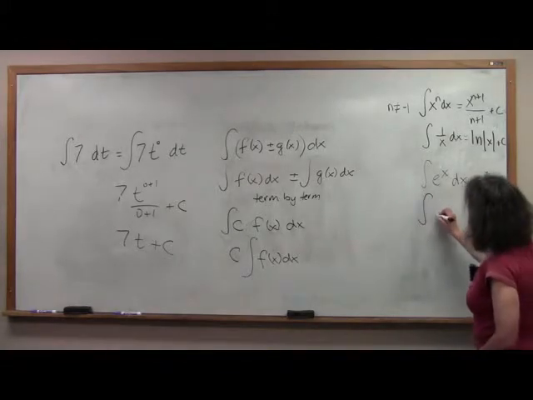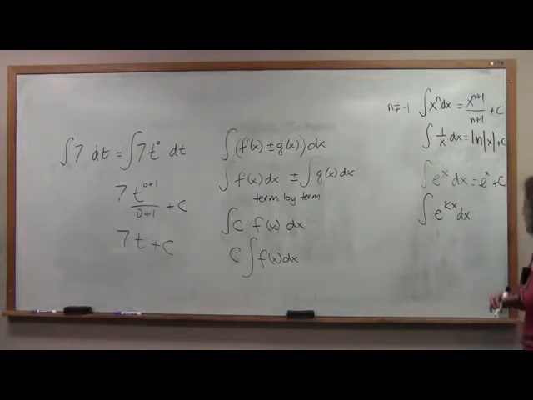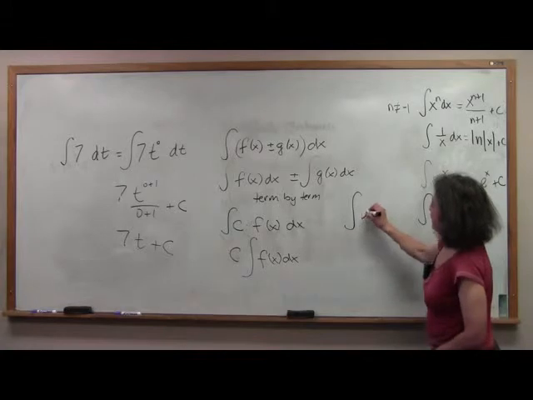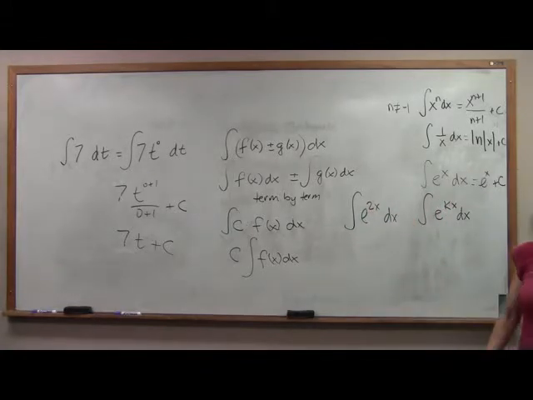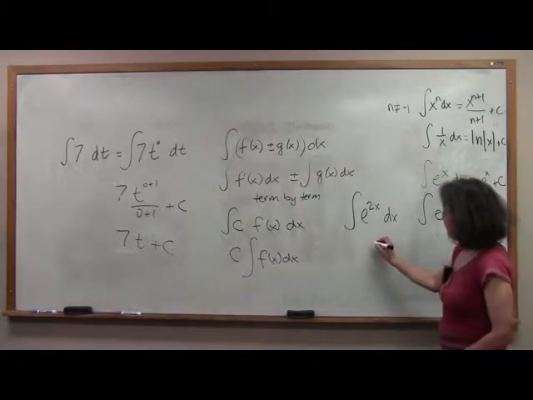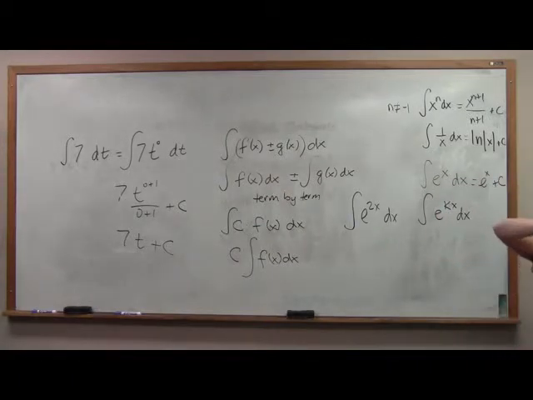But what if now I have e to the kx dx? In other words, something like, say, e to the 2x dx. We're asking ourselves, who has a derivative equal to e to the 2x? I claim that what we're going to be doing here is the opposite of what we did when we took our derivative.